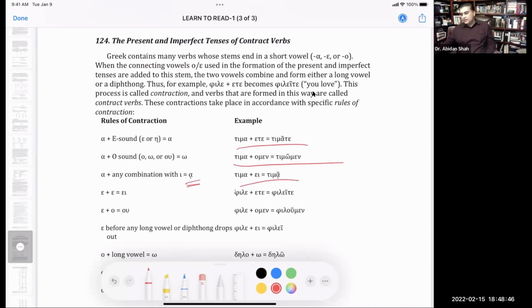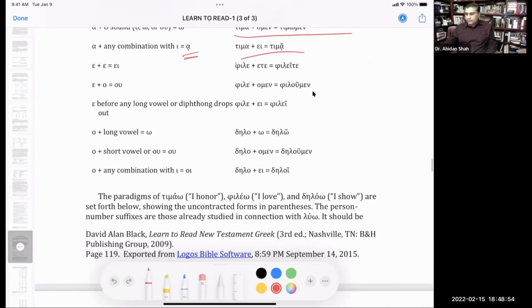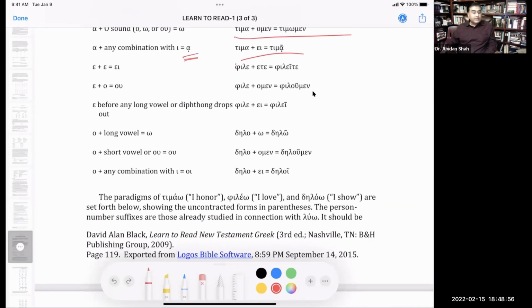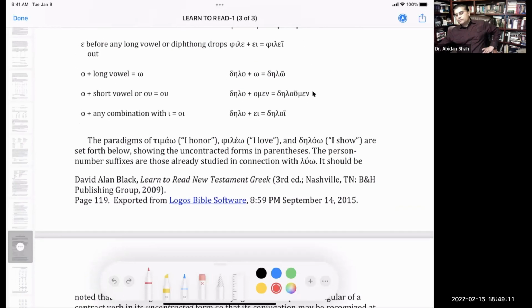Epsilon plus epsilon becomes epsilon iota, as in philete. Epsilon plus omicron becomes ou, as in philoumen. And here, epsilon before a long vowel or diphthong drops.